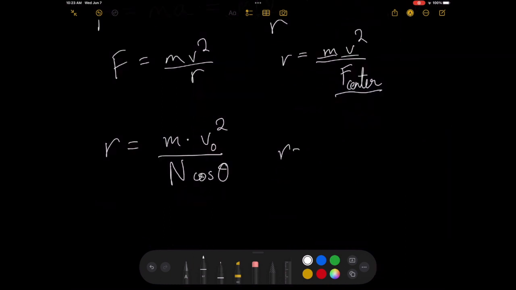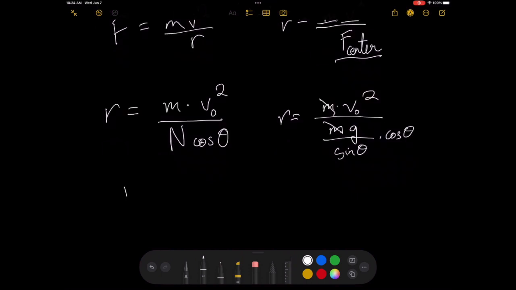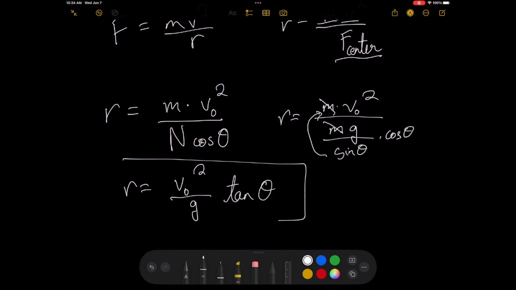And so r is equal to m times v naught squared over mg over sine theta times cosine theta. And so the m's cancel out, and we have r equals v naught squared over g tangent theta, because the sine theta comes up here. And that's your answer.